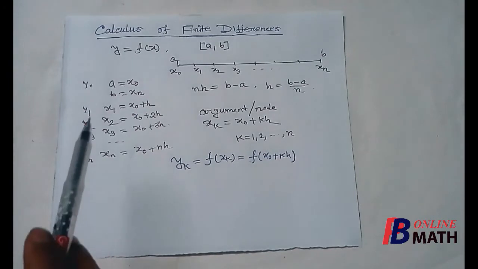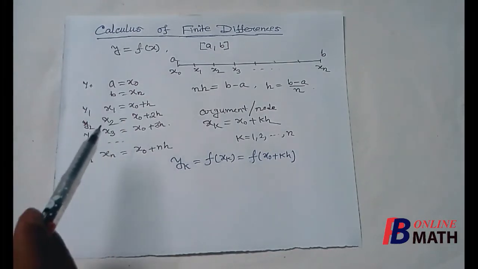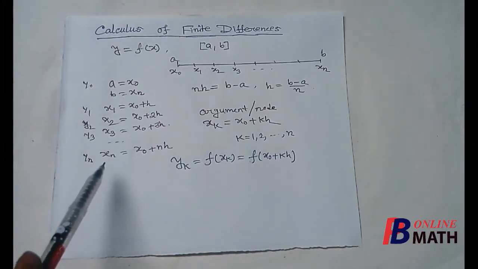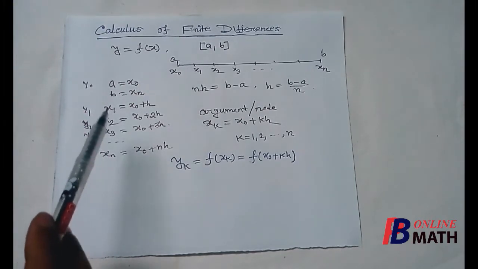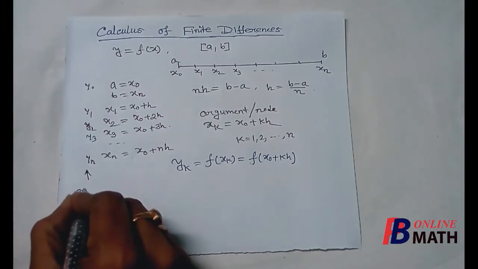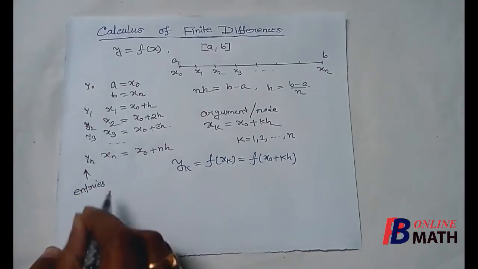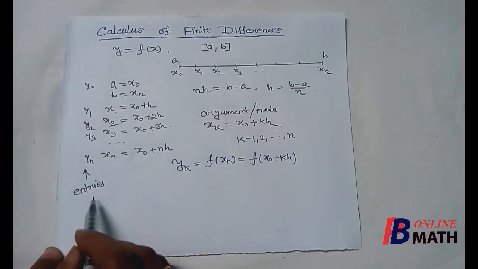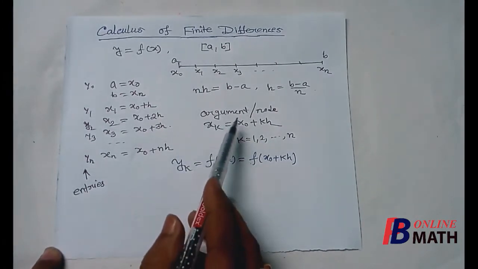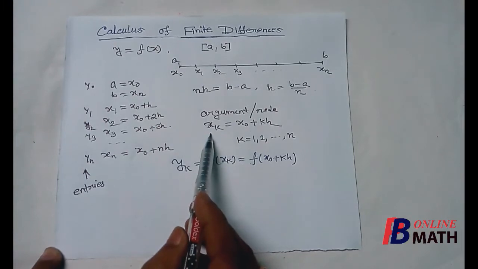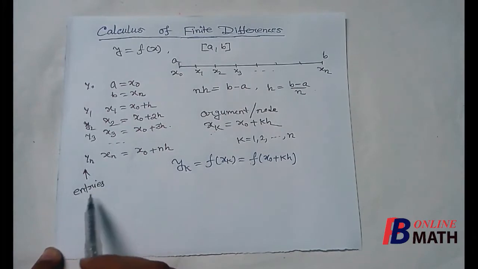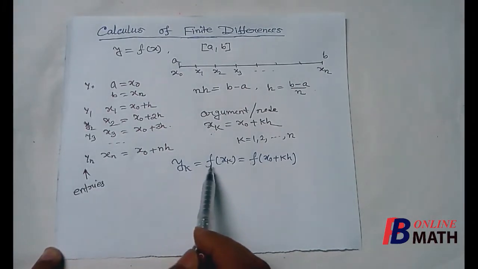If we compute the functional value at all these arguments, we shall get y0, y1, y2, y3 up to yn. So these values are called arguments and these values are called entries. The functional values at the arguments are called entries. Actually we have n plus 1 arguments which are given by xk equal to x0 plus kh, and corresponding n plus 1 entries where yk equal to f of xk.